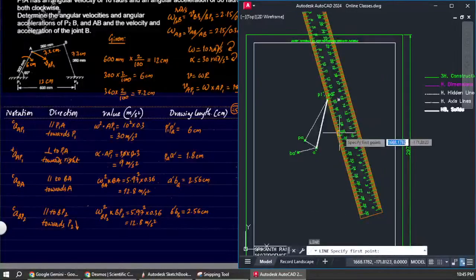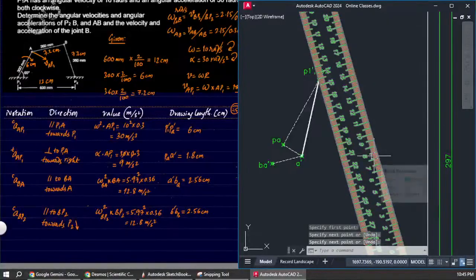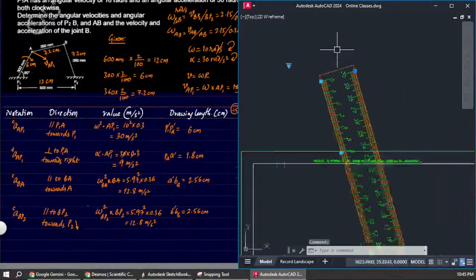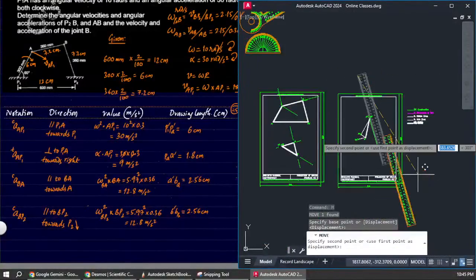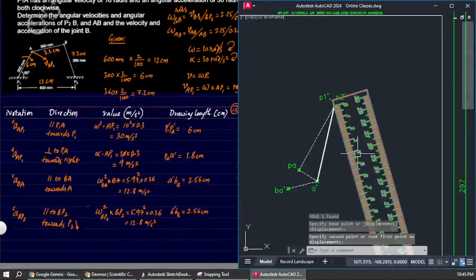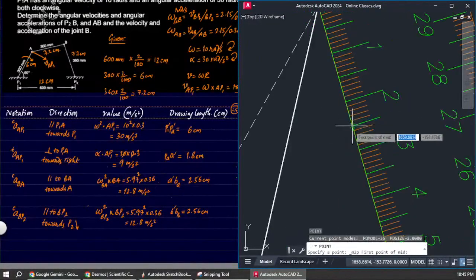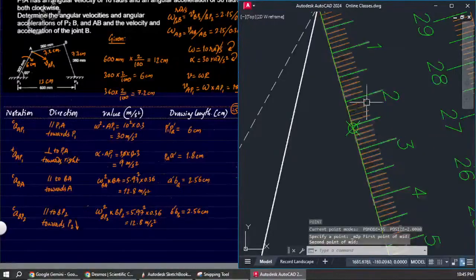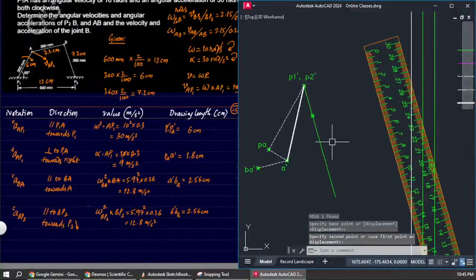From here, the centripetal acceleration will be downwards, and the value will be 2.56. So now move this scale. It should be 2.56, between 2.5 and 2.6.